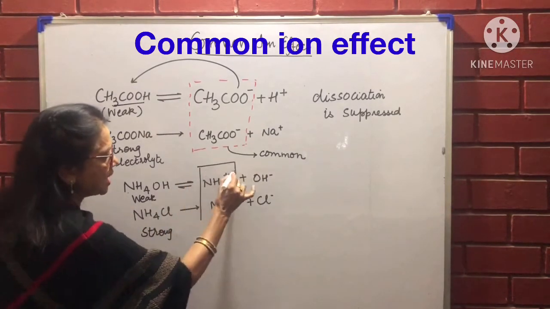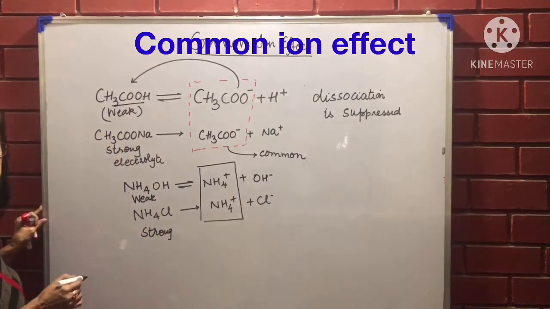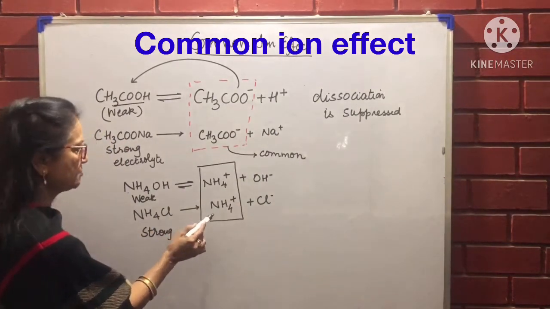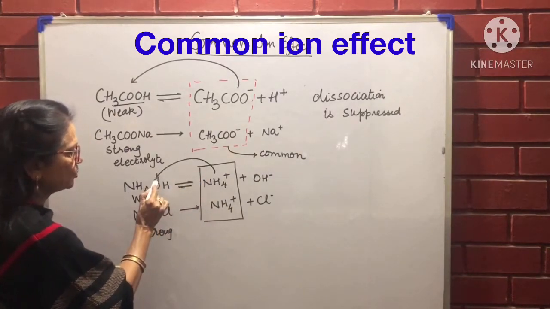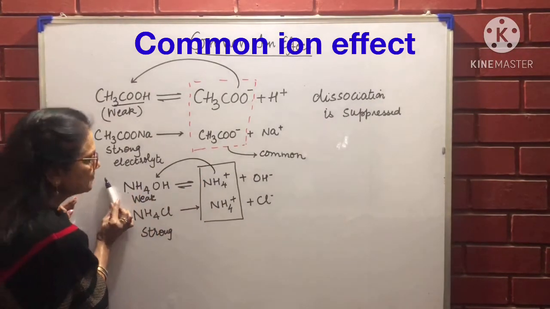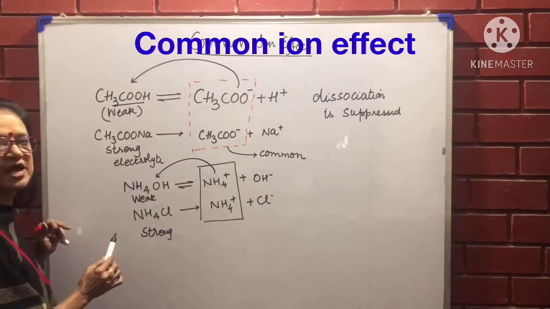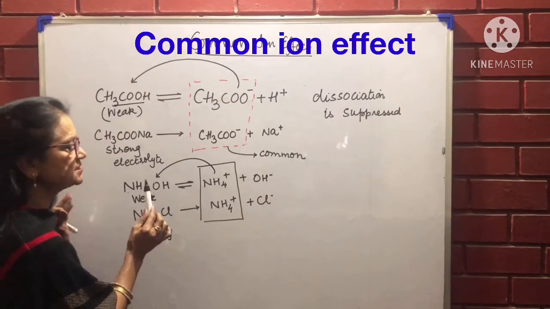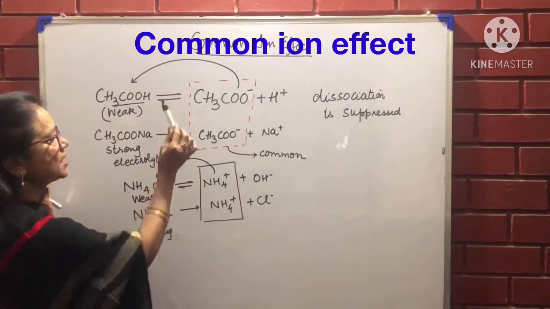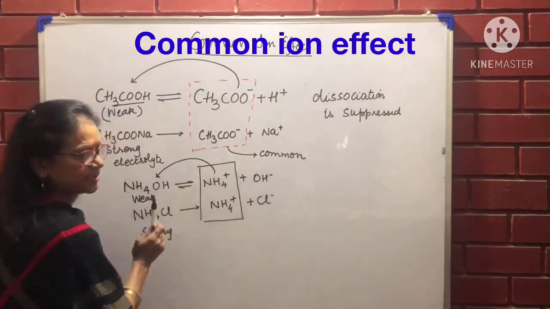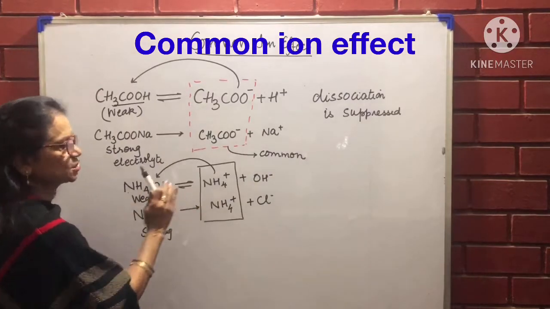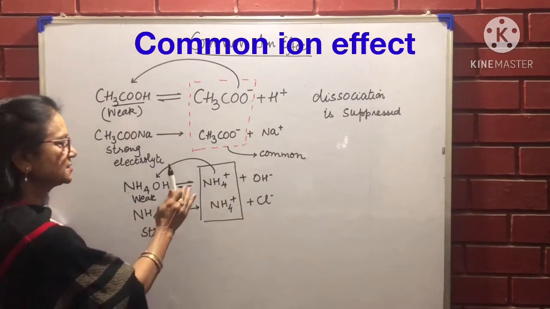Again, a common ion is present here, which is ammonium ion, and this increase of ammonium ion shifts the reaction in the backward direction, which means the dissociation of ammonium hydroxide is suppressed, becomes less. So common ion effect causes the reaction to go slow in this direction. So dissociation of ammonium hydroxide gets suppressed.